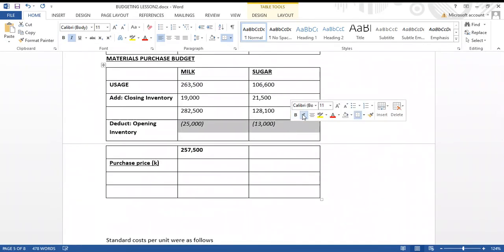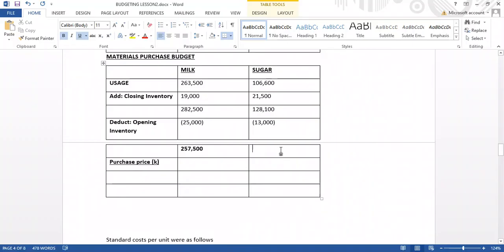And come to our sugar. So it's 128,100 minus 13,000. So we need to purchase 115,100 kg of sugar.